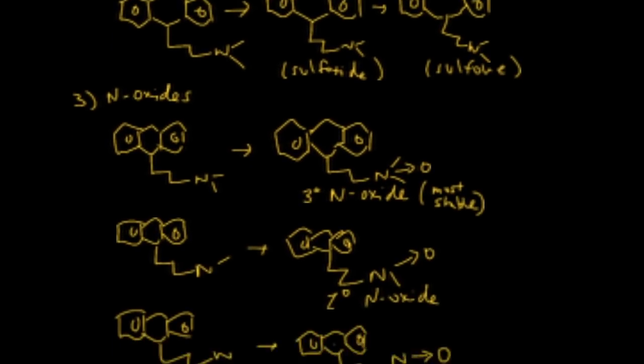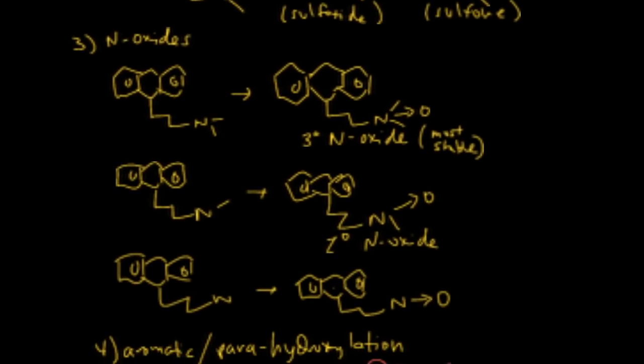And number 3, you can form N oxides. So tertiary amines form tertiary N oxides. Secondary amines form secondary N oxides. Primary amines form primary N oxides. Remember, you keep the number of substituents on your nitrogen. So nitrogen has 3 substituents, 1, 2, 3. All you're doing is just adding an oxygen.